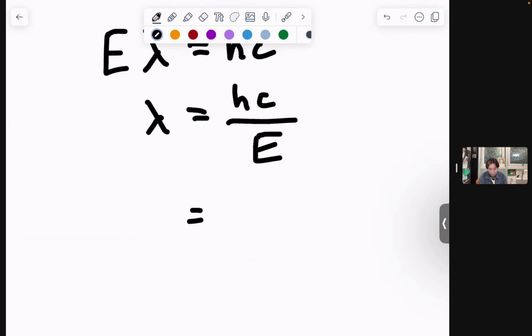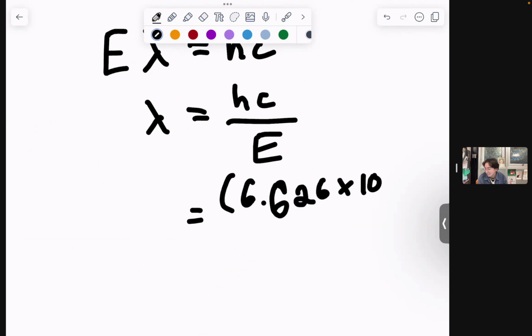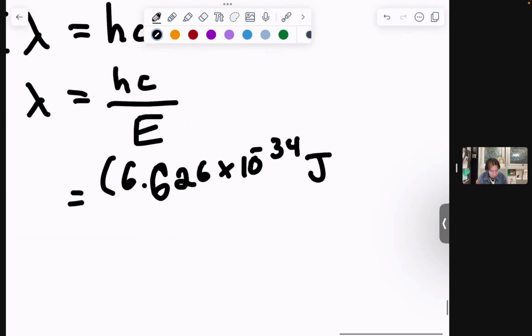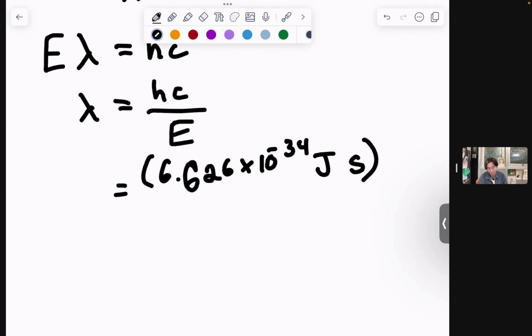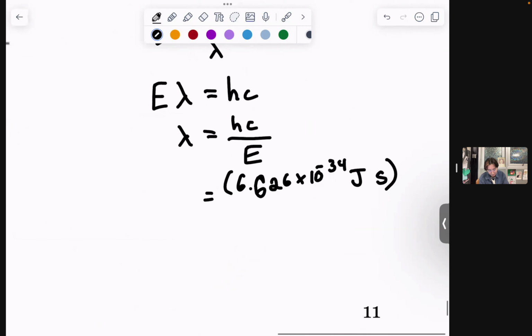h is a constant, Planck's constant, 6.626 times 10 to the negative 34 joules times seconds.